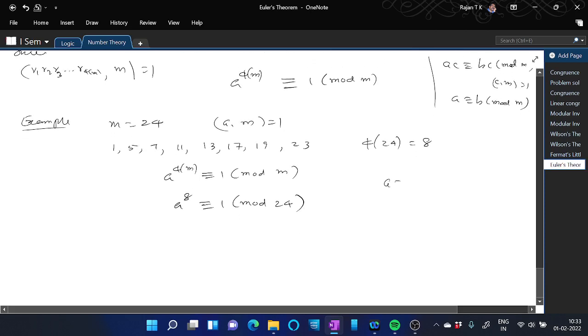In particular, suppose you take A is equal to some number 77. Clearly 77 and 24 have GCD 1, or 77 and 24 are relatively prime, and therefore 77 raised to 8 is congruent to 1 mod 24. Even otherwise you can verify this, because 77 is actually congruent to 5 mod 24.